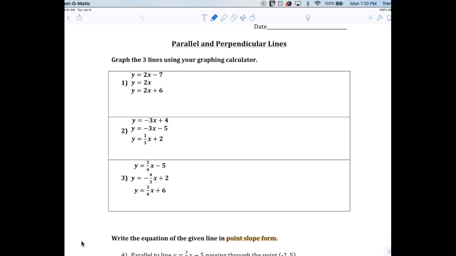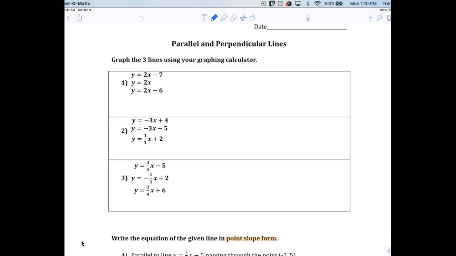The 3, and the 1/3. So when lines are perpendicular, the slopes are opposite reciprocals or negative reciprocals. What does that mean? This slope right here is -3. What's the reciprocal of -3? -1/3. But notice how the sign changes.